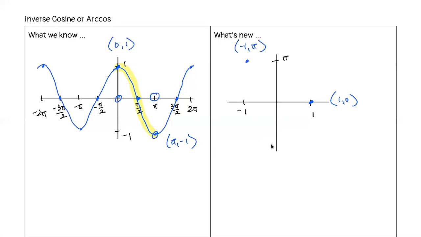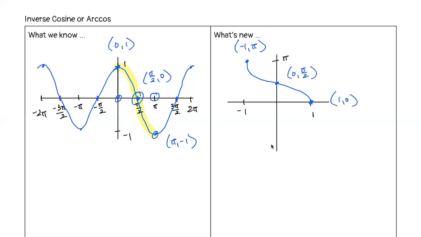And we know that this point also is pi over 2, 0. And so when we flip it, it should go right there at 0, pi over 2. And that's how we end up with the inverse cosine graph. Pretty cool, right? All they did was take one part of the cosine graph and just reflect it.